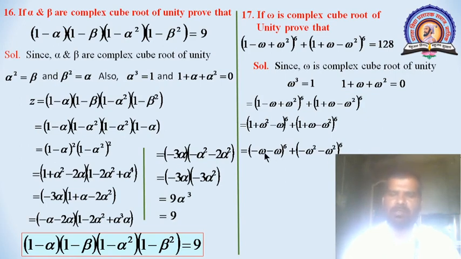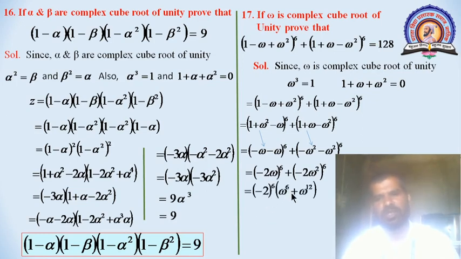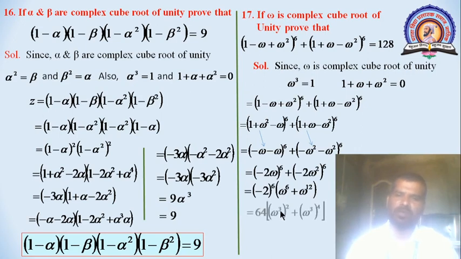Minus omega minus 2 omega raised to 6. Minus omega square raised is minus 2 omega square raised to 6. So minus 2 raised to 6 into omega raised to 6 plus minus 2 raised to 6 into omega raised to 12. So minus 2 raised to 6 take outside, you will get omega raised to 6 plus omega raised to 12.